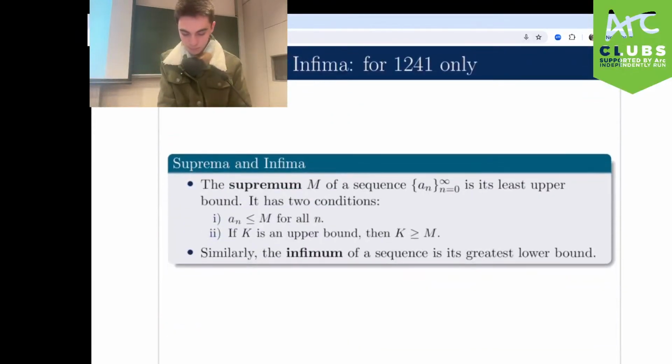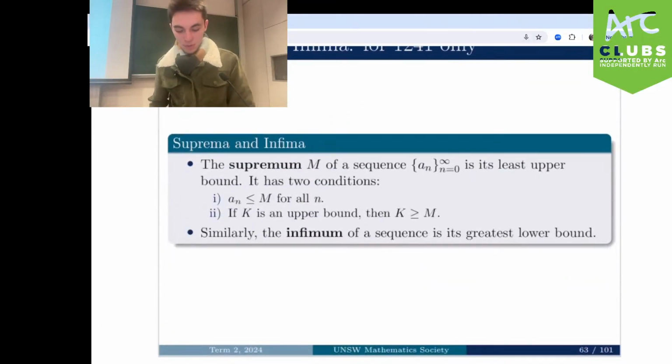Okay, some more terminology. The supremum is the least upper bound, so it's an upper bound that's smaller than or equal to all the other upper bounds of that sequence, okay? And the infimum of a sequence is its greatest lower bound, right? So basically the same thing, but the opposite way.